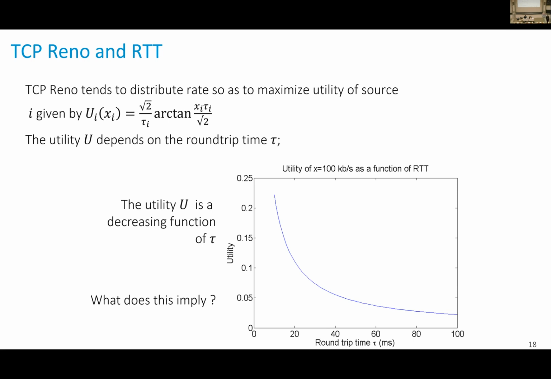However, there's a big however. There is round-trip time that plays a role here, because the fairness that we see with this utility function depends on 1 over the round-trip time.